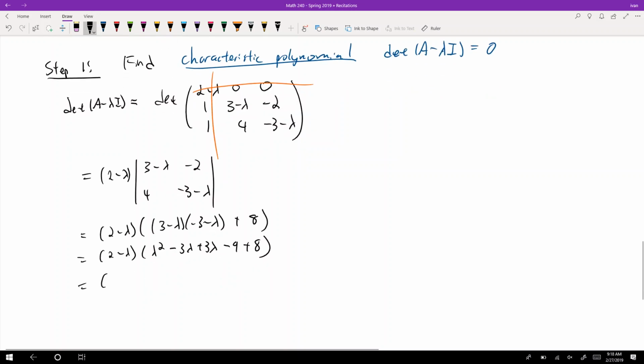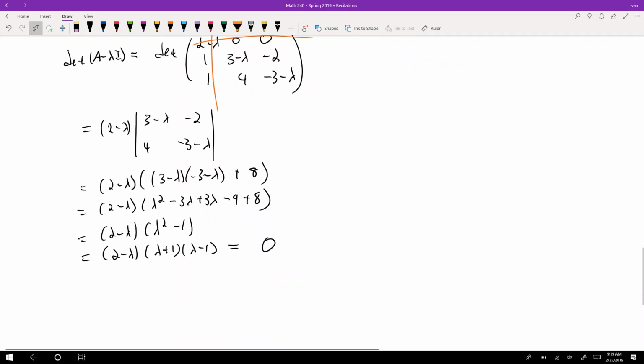Now this simplifies to lambda squared minus 1, which we know how to factor. That's 2 minus lambda, lambda plus 1, lambda minus 1. And remember, this is all equal to 0, since we're supposed to set the determinant equal to 0. So now our eigenvalues are the roots of this polynomial, which are negative 1, 1, 2. I'm just going to write it in descending order. It doesn't matter.